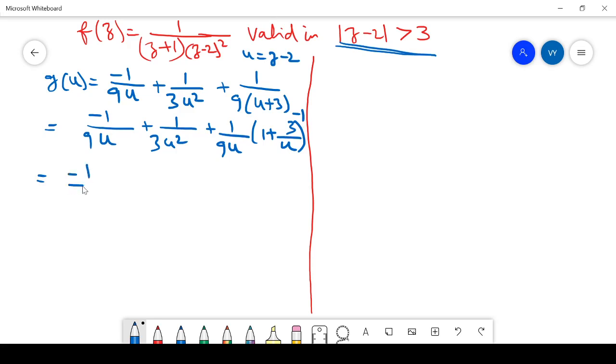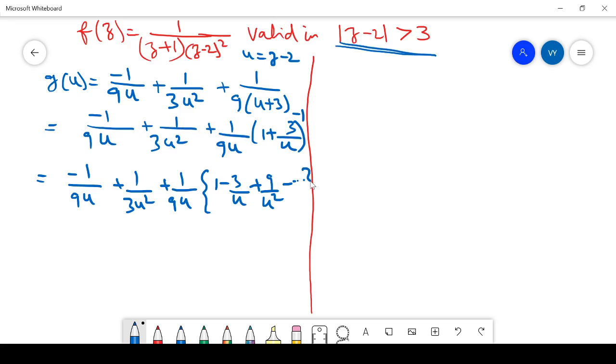So this will give you minus 1 by 9u plus 1 by 3u squared plus 1 by 9u into, when I expand this, 1 minus 3 by u plus 9 by u squared minus so on, valid in the region mod 3 by u less than 1, which gives you mod u greater than 3.